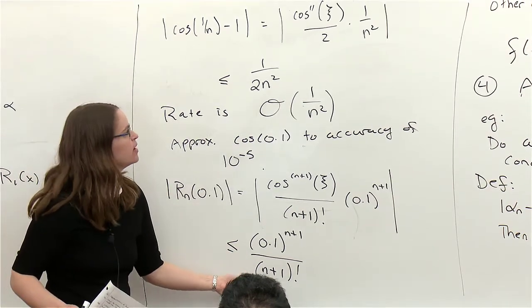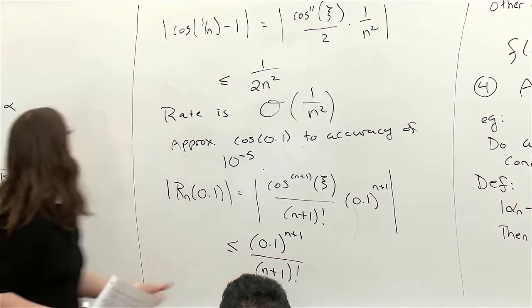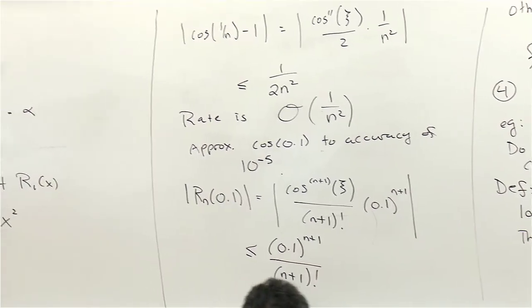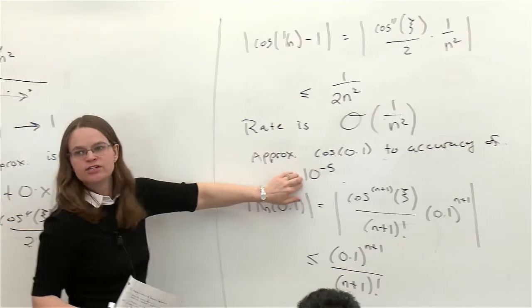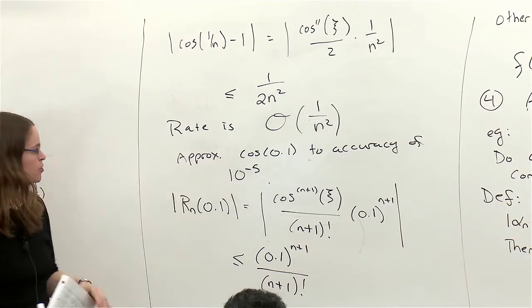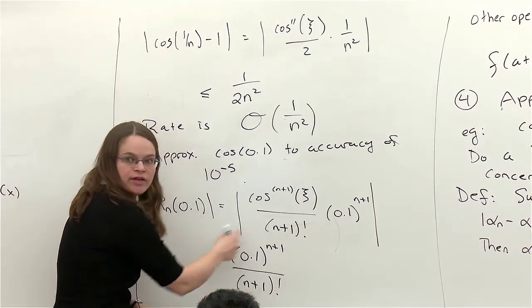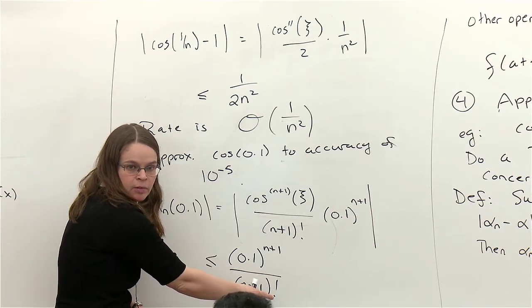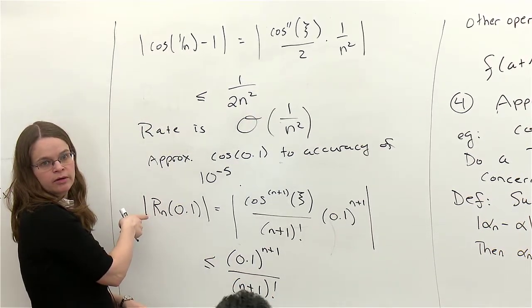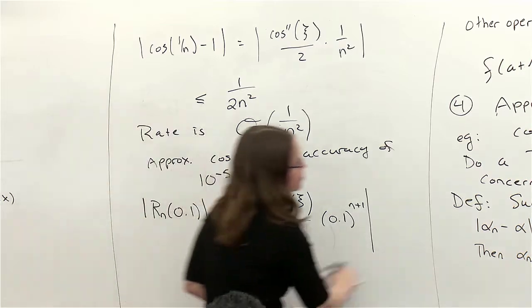So I know that my actual error is going to be bounded, and I know that I need to make sure that my actual error is less than 10 to the minus 5. As long as I can ensure that this is less than 10 to the minus 5, my actual error is going to be even smaller. So this is then what we have to do.